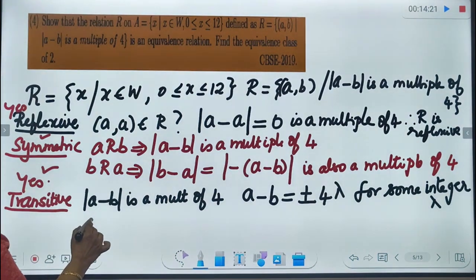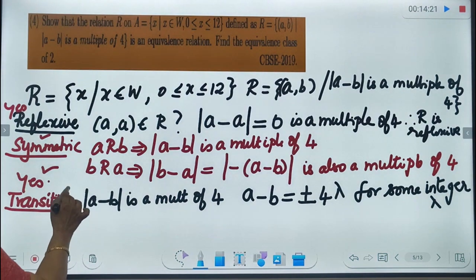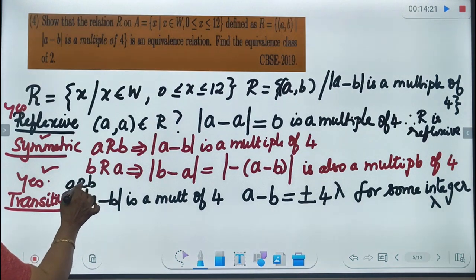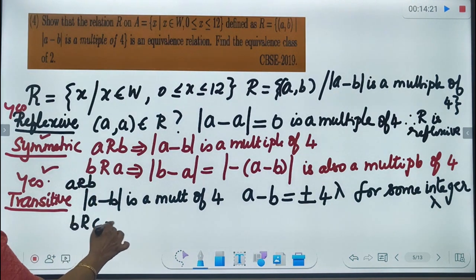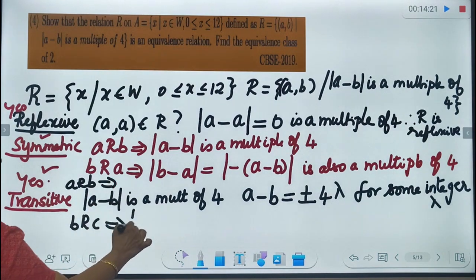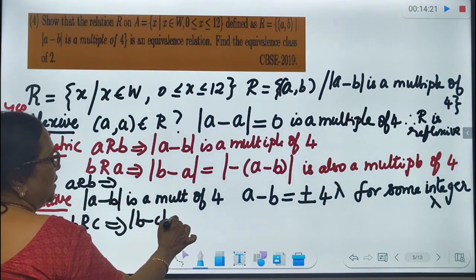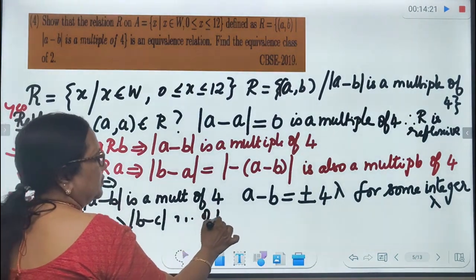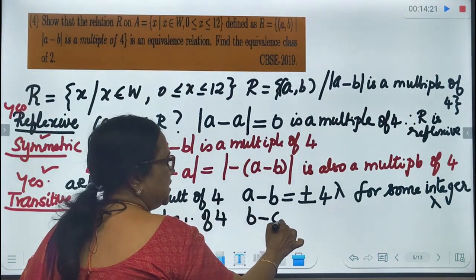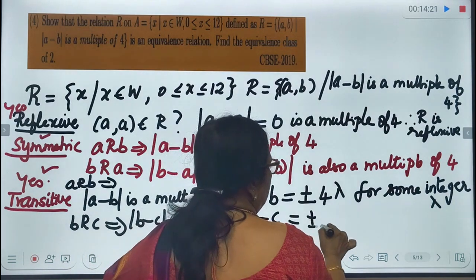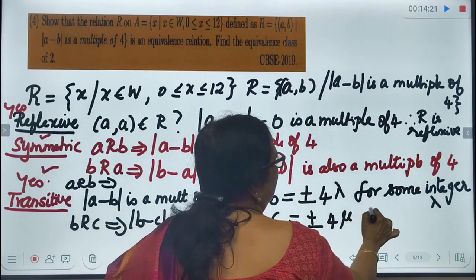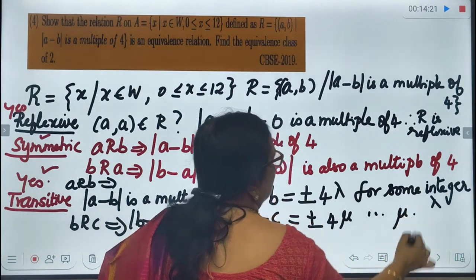Okay, now A is related to B. B is related to C implies modulus of B minus C is a multiple of 4. So B minus C will be plus or minus 4 mu for some integer mu.